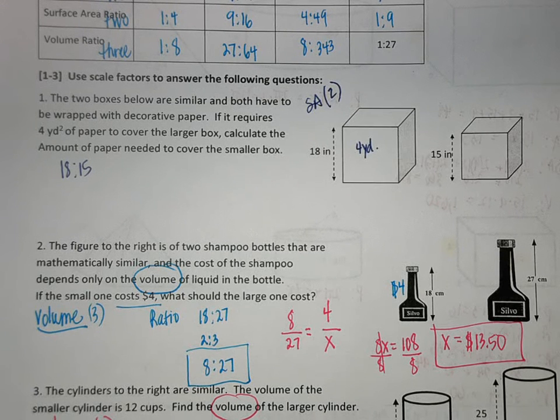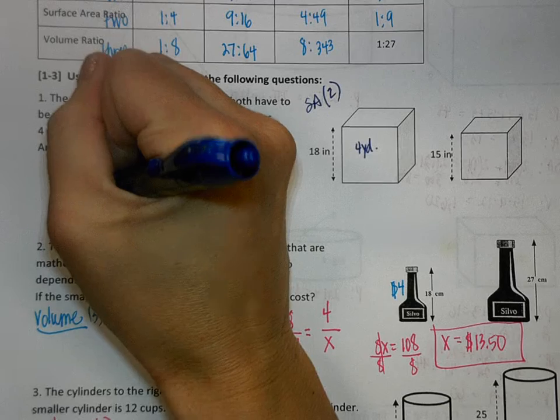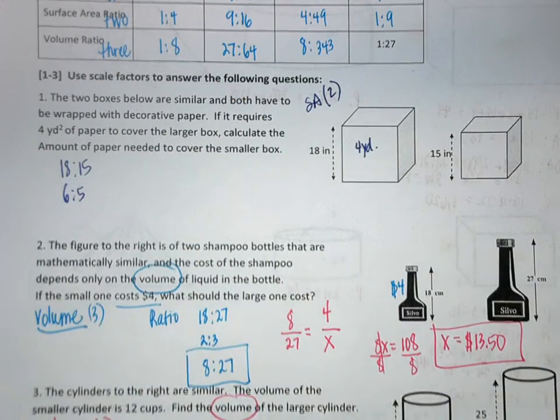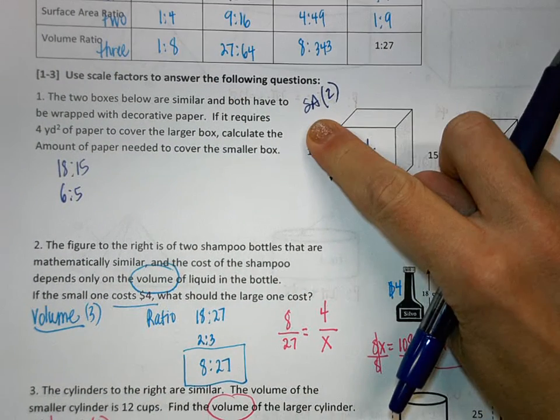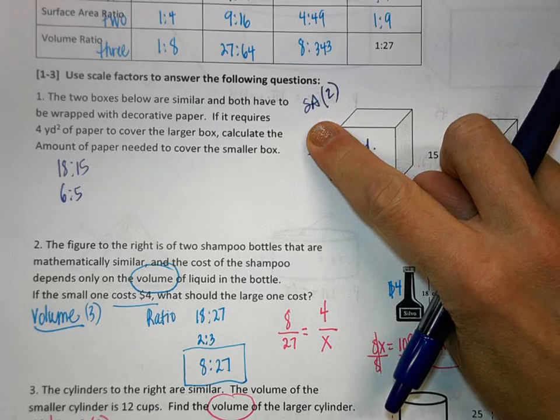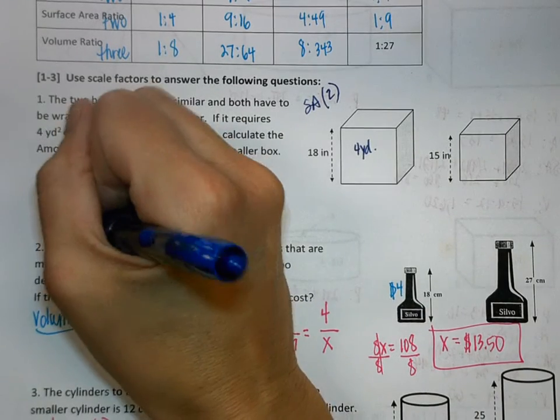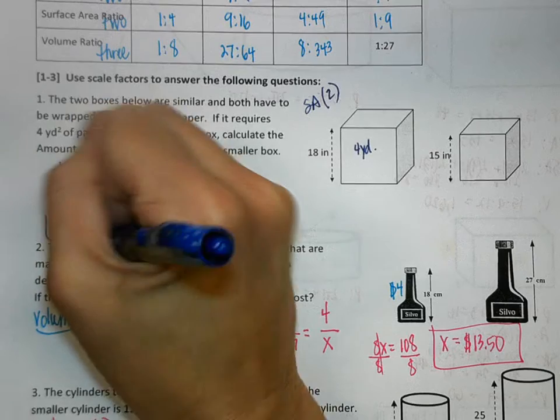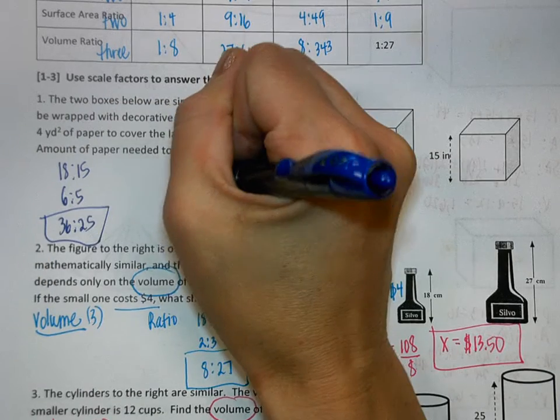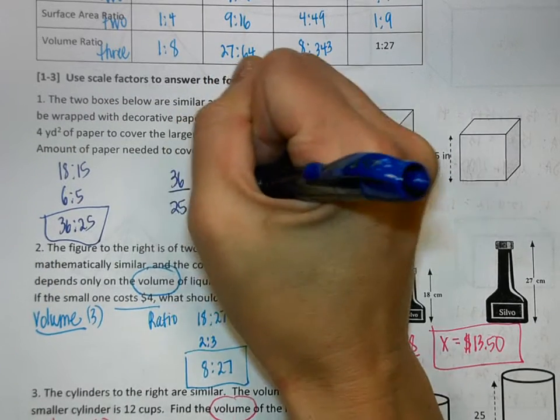Okay, so we reduce this, and what does it reduce to be? 6 to 5. Okay, 6 to 5. But for my proportion, we're dealing with surface area, and so what am I going to end up using? Squared, which is going to be 36 to 25. Good.